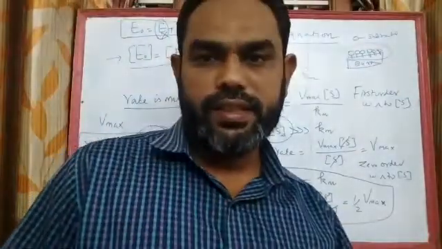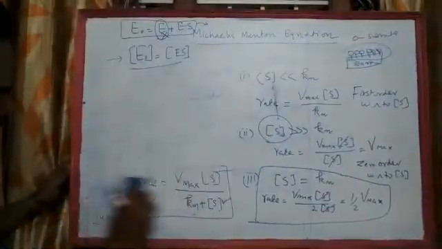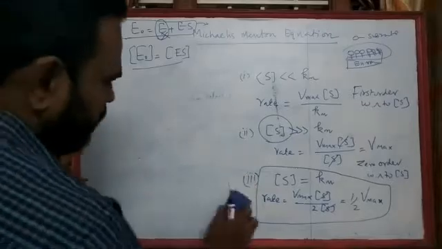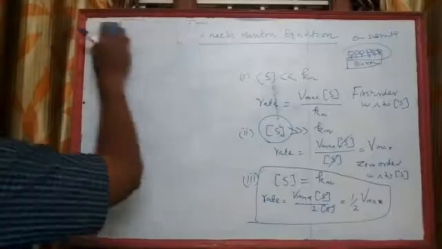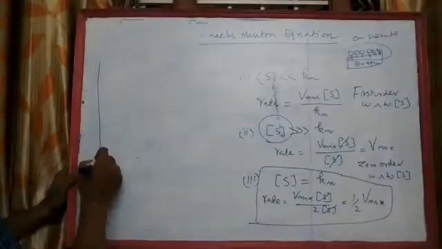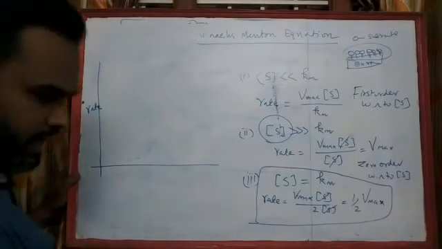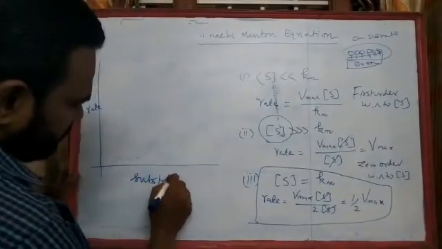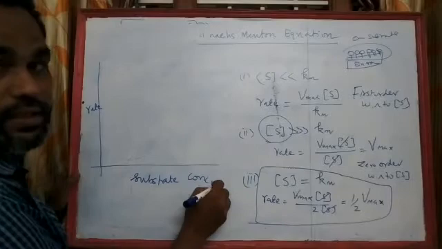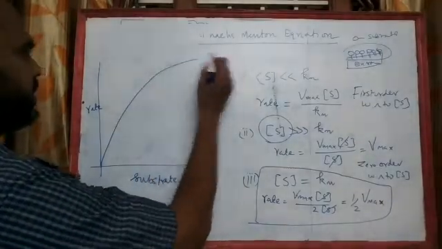Now let us draw a graph. Rate of the reaction on the y-axis and substrate concentration on the x-axis. So here I get a graph of this type.